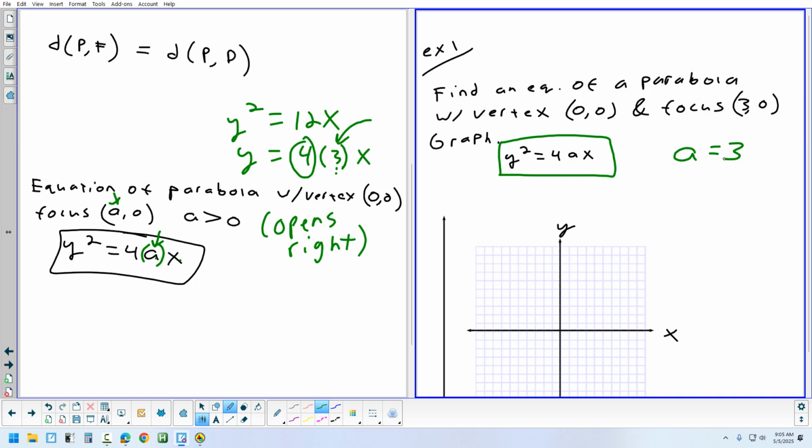So we can multiply that out. So there is the equation of the parabola, with the vertex at the origin and the focus at 3, 0. Any question on how we got y squared equals 12x?